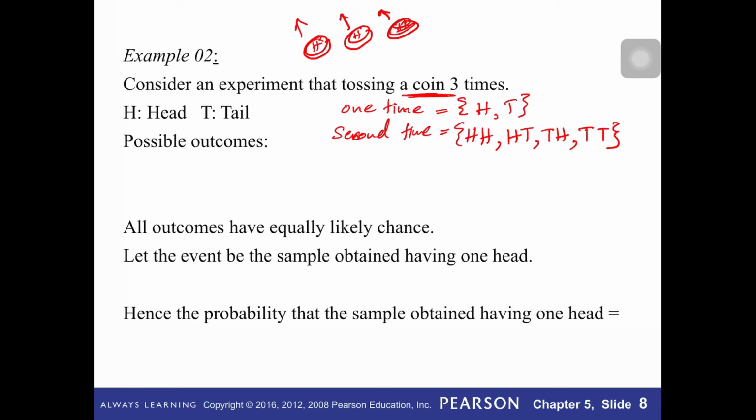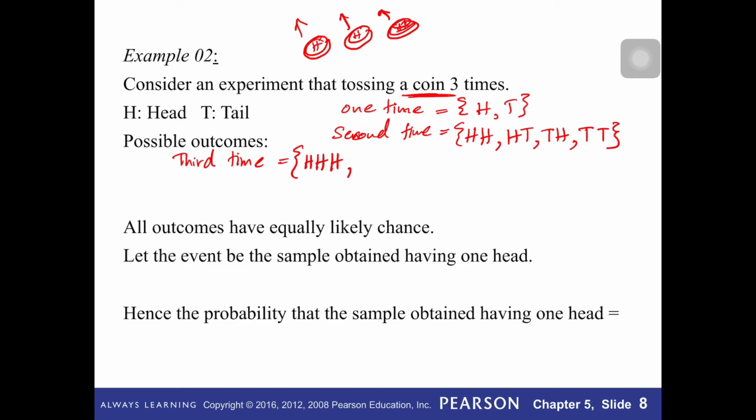Okay. Third time I will write here. Third time what will happen? You cannot simply consider head and tail. You have to merge your results, head and tail, with your past memory. So what is the past memory? Second time you have these kind of results. So you can start from the very beginning, from the first time. First time head, second time head, third time head.